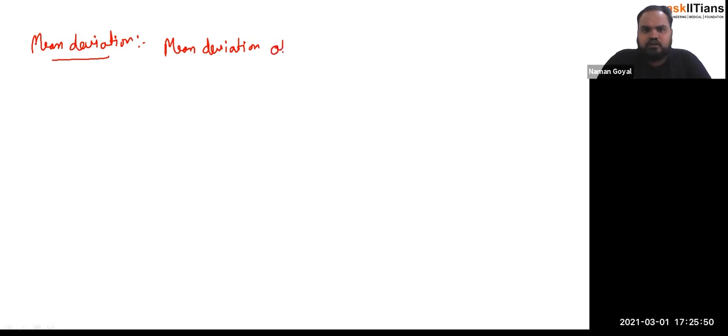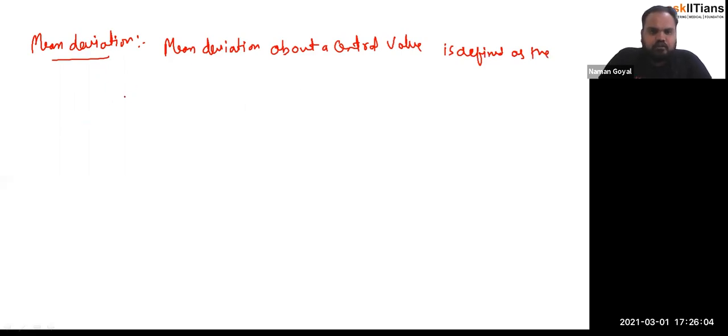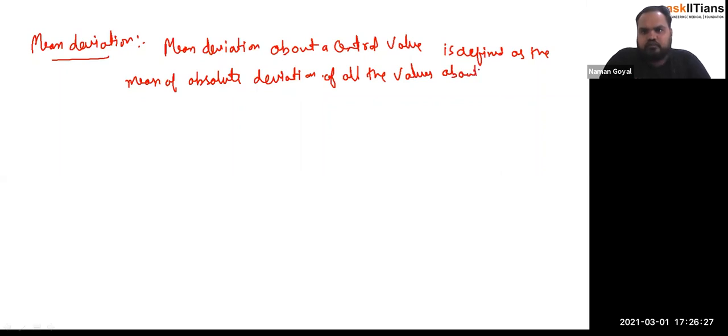Mean deviation about a central value is defined as the mean of the absolute deviations of all the values about the central value.